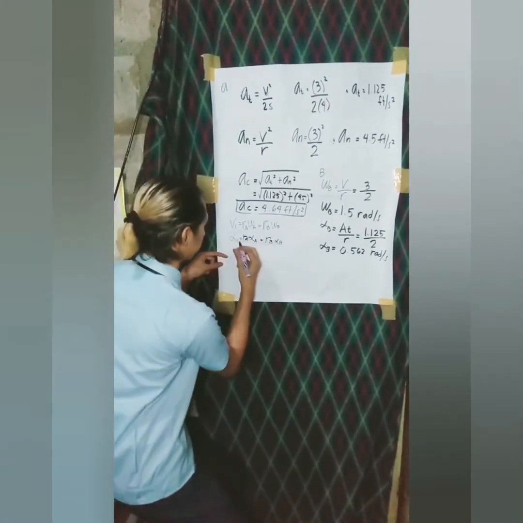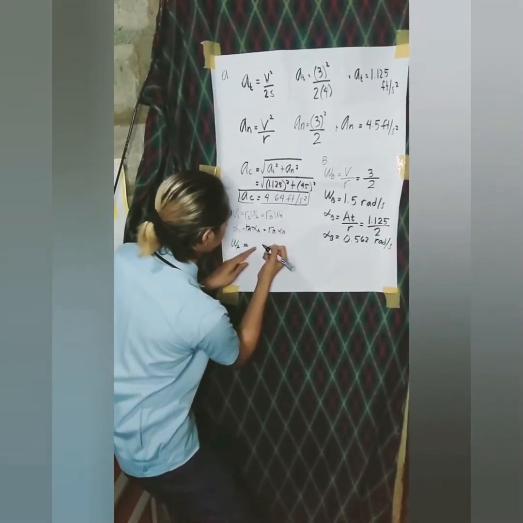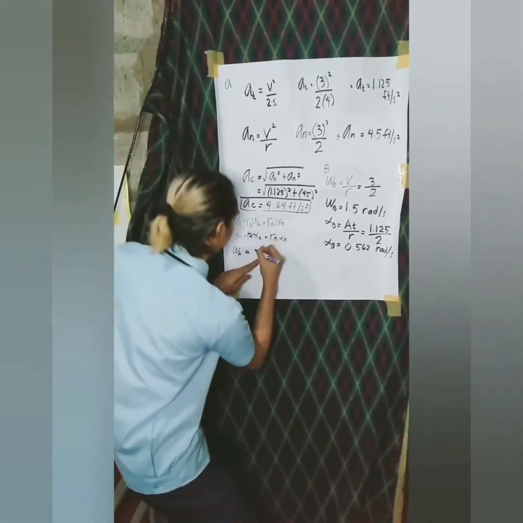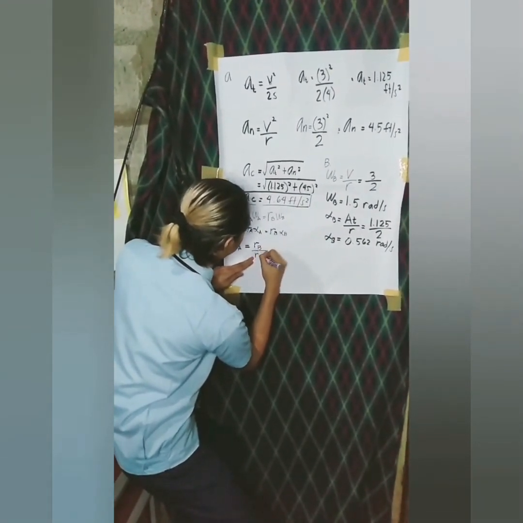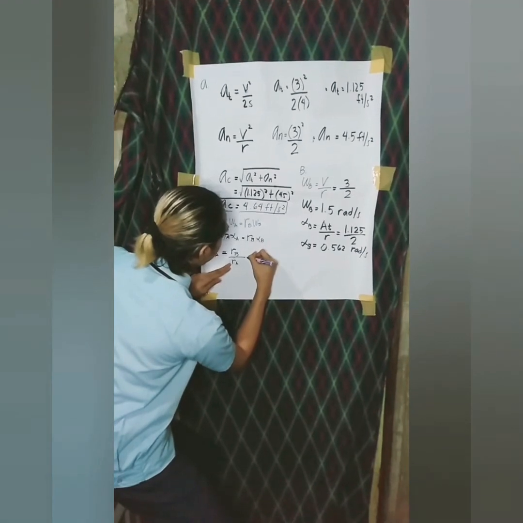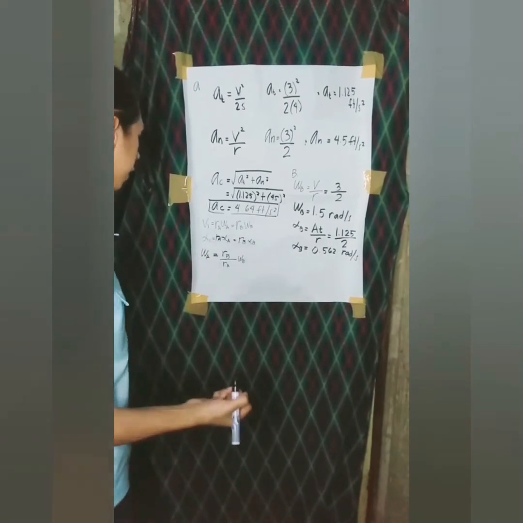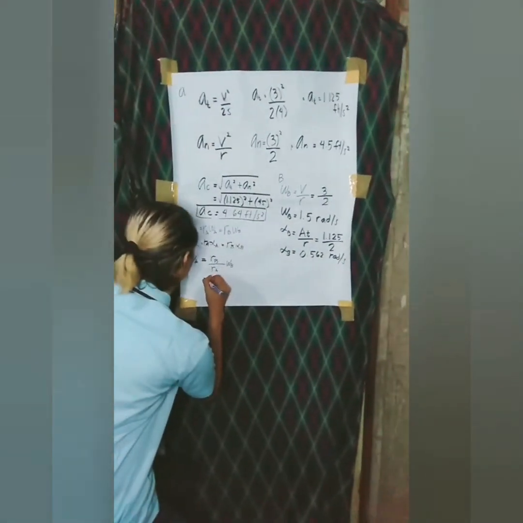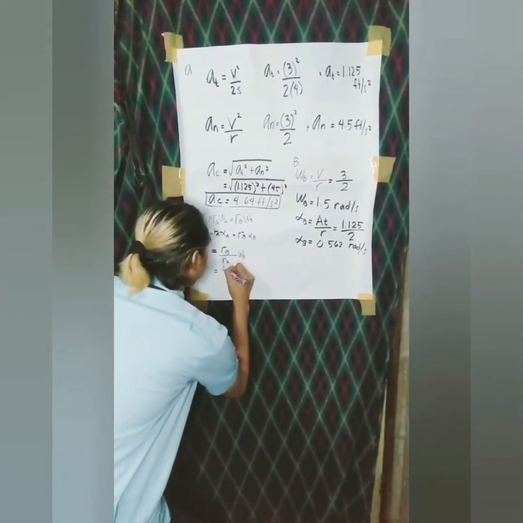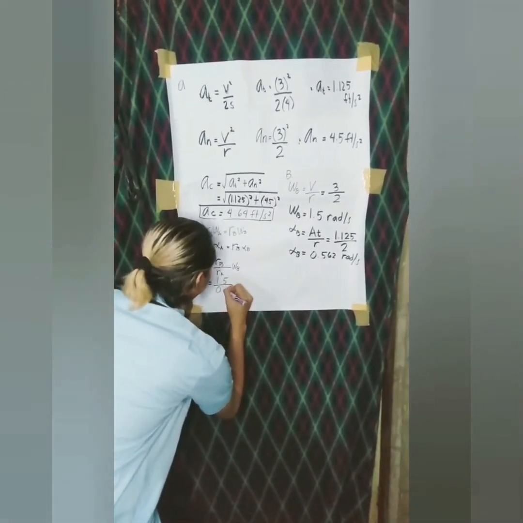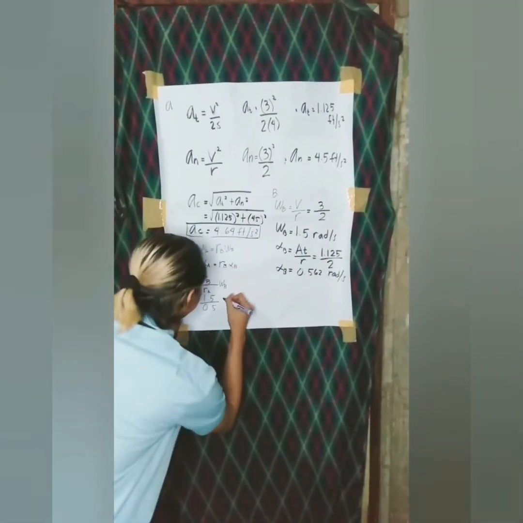To get the angular velocity of A, we are going to use this. By manipulation of the formula, the angular velocity of A is equal to RB over RA multiplied by the angular velocity of B. Substituting the values, RB over RA, 1.5 over 0.5, where the angular velocity of B is 1.5.